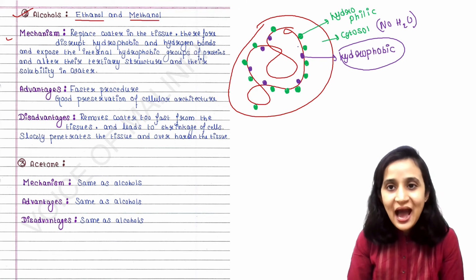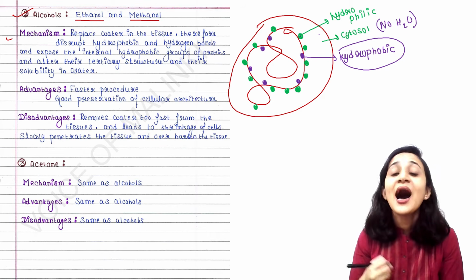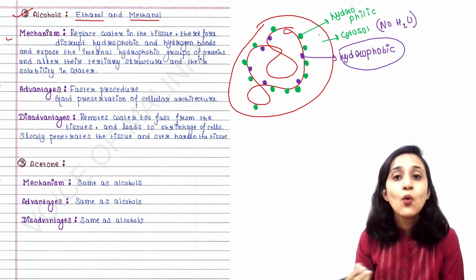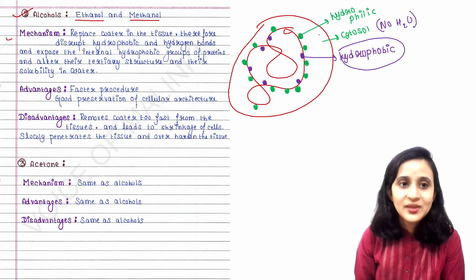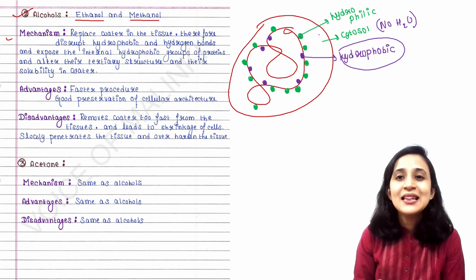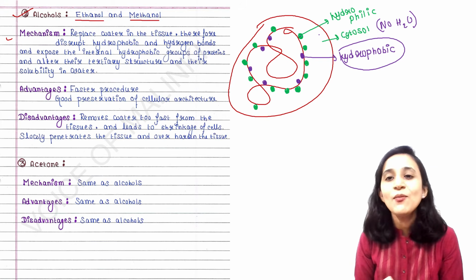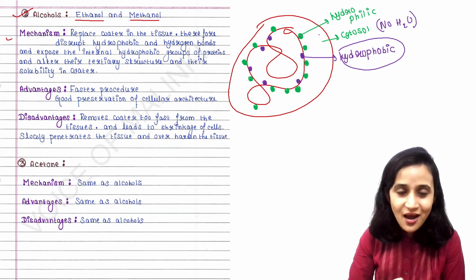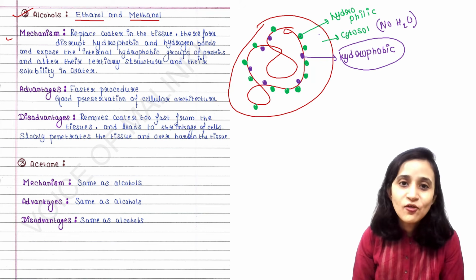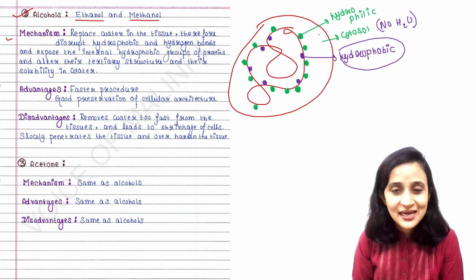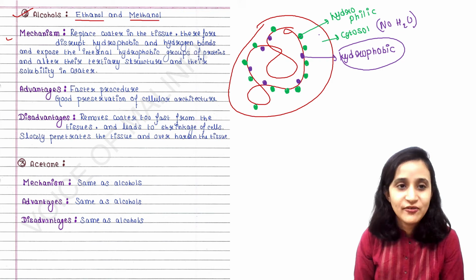And the hydrophilic amino acids, which made hydrophilic bonds with the water molecules in the cell, will also alter their bonding pattern. So it will change the overall shape of the protein, because now there is an alteration of hydrophilic and hydrophobic bonding of the protein because of the dehydration.